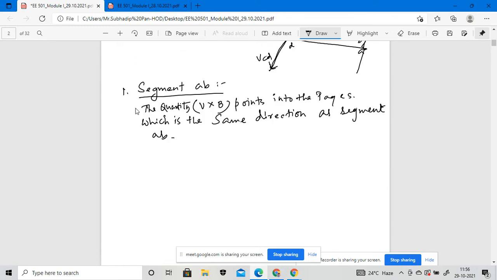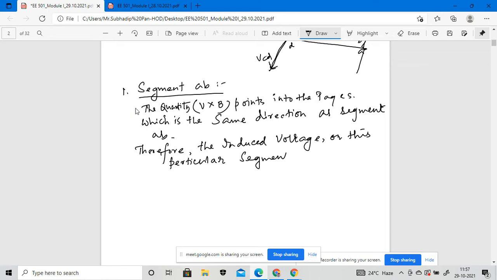Therefore, we can say the induced voltage on this particular segment, which means the AB segment.